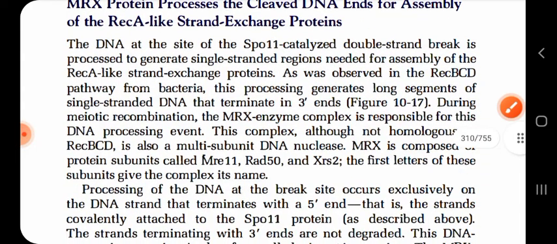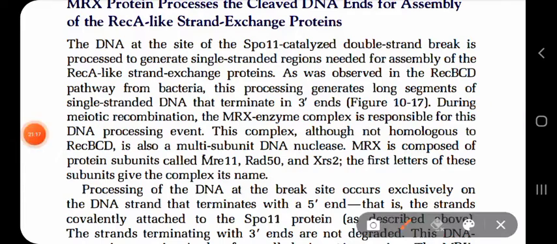So here also the DNA at the site of SPO11-catalyzed double-stranded break has to be processed to generate single-stranded regions which are necessary for strand invasion, for strand exchange, and that is done by Rec-like strand exchange proteins.